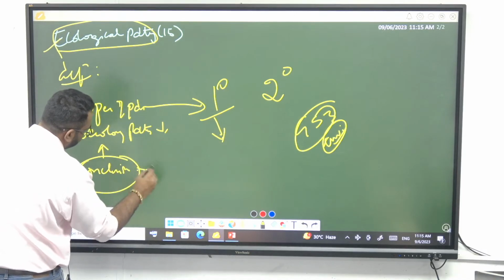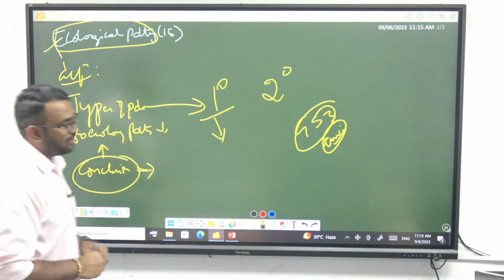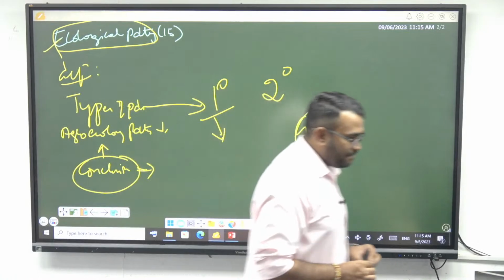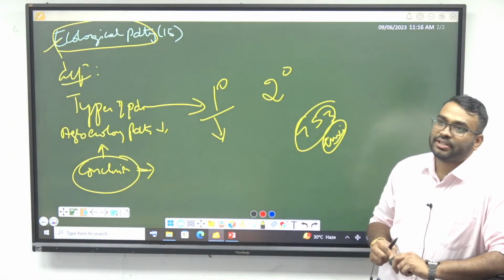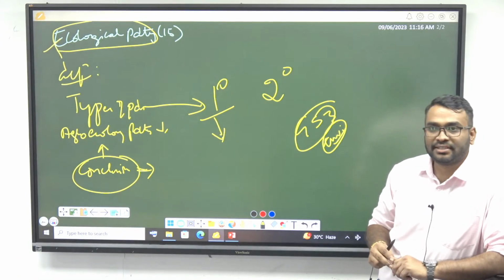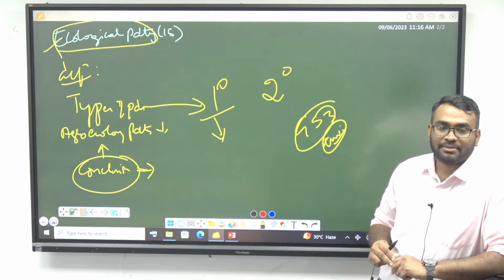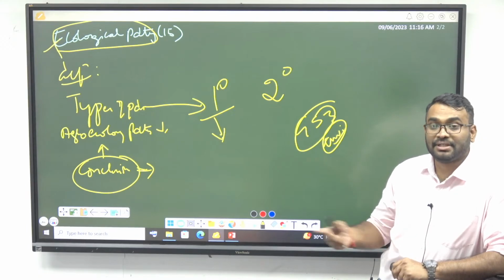So for concluding, how can we conclude this ecological productivity? You can say that the knowledge of ecological productivity will help us in enhancing ecosystem sustainability and sustainable agriculture.